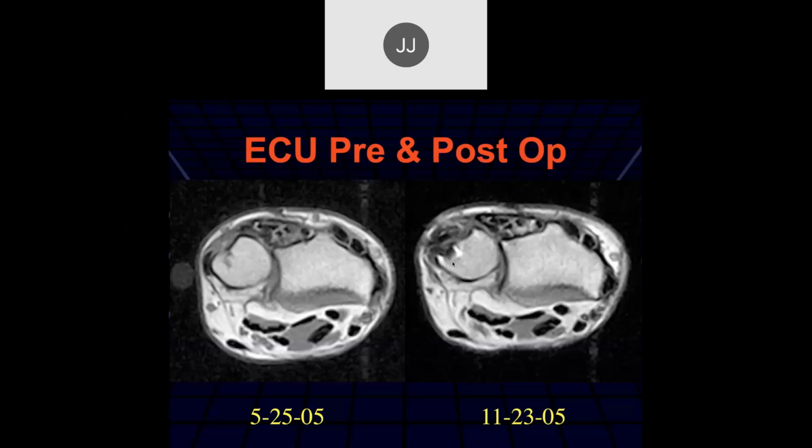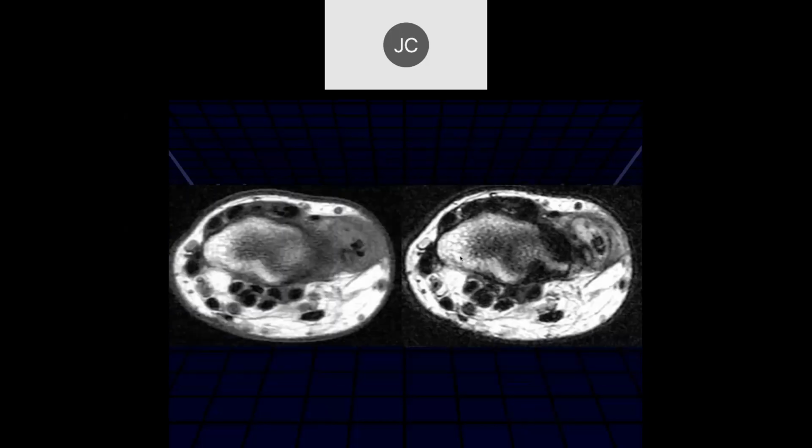There's a lot of distortion in this area due to the metal from the suture anchor. But that's just another option. I myself would just drill some holes and put sutures through the tendon. It's cheaper and works just as well, if not better.